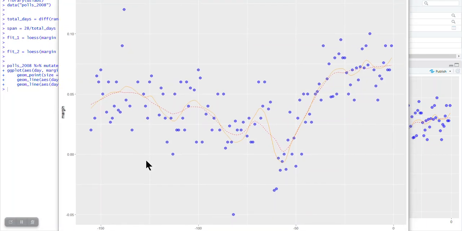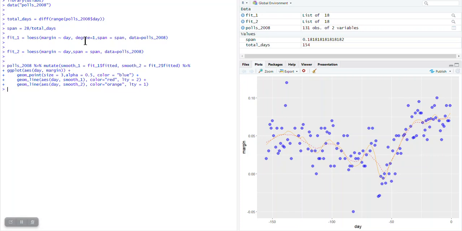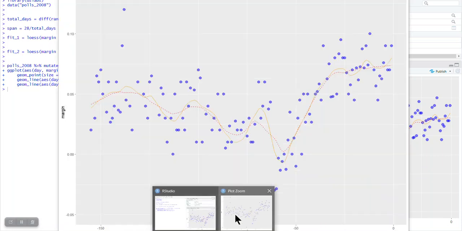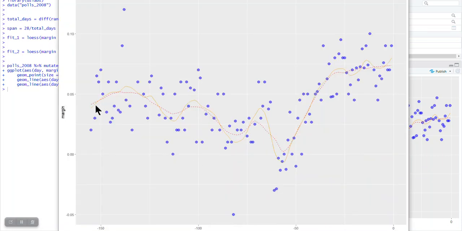But we see that this red line is the fit 1, and that's degree 1, right? That is a linear approximation with a linear regression line over each of these time intervals. So small little lines over each of these time intervals, and then it connects to the next one, then it connects to the next one, and so on and so forth.